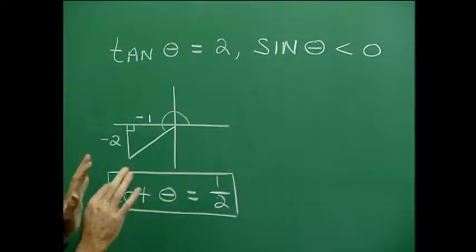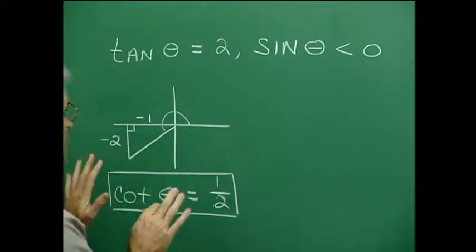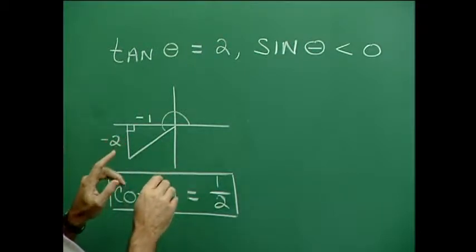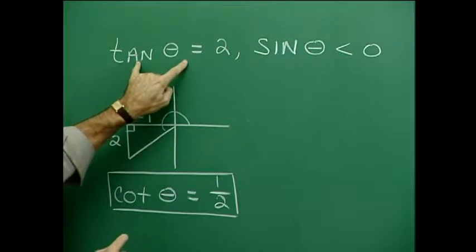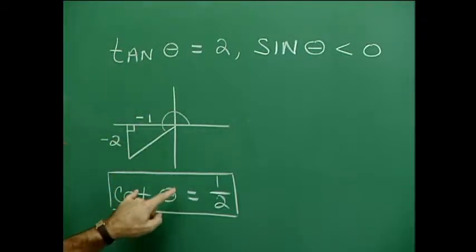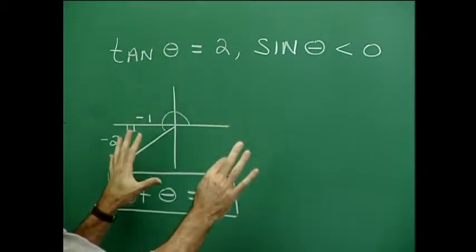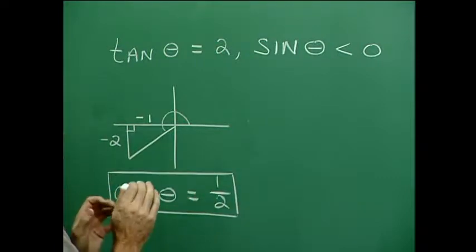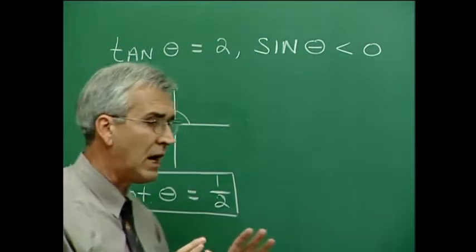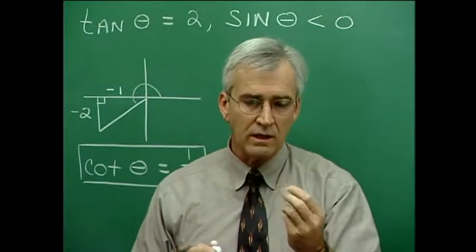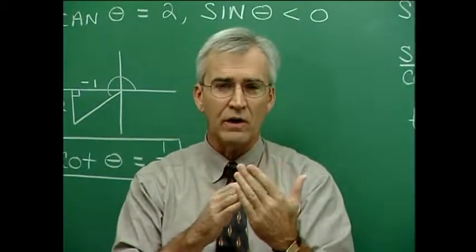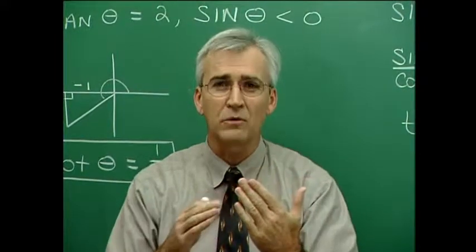Okay, now I'd like to figure out some kind of ratio or identity that relates the given information, what I know here, with some other trig ratio. Now, the things that come to mind are the reciprocal relationships or the various Pythagorean relationships.